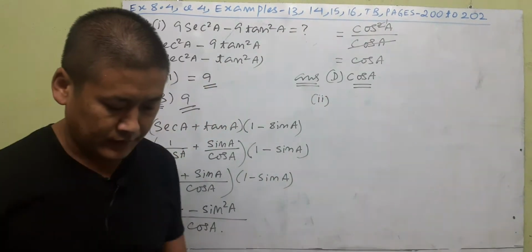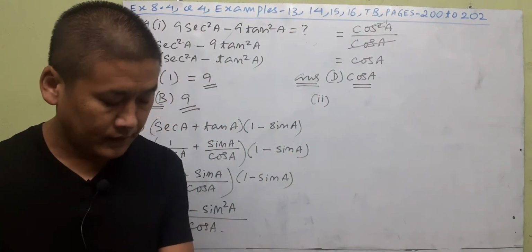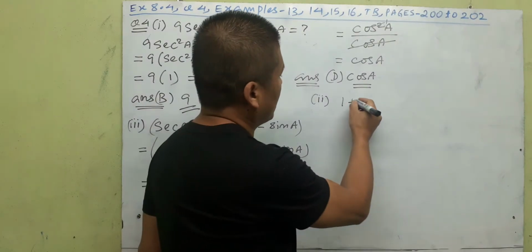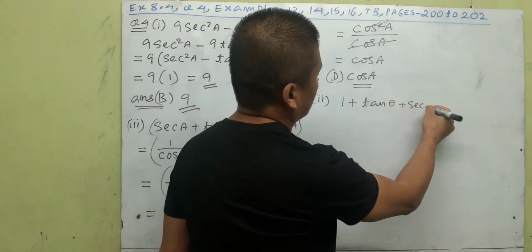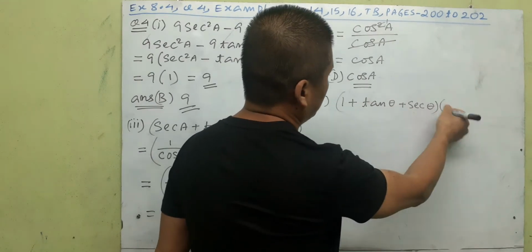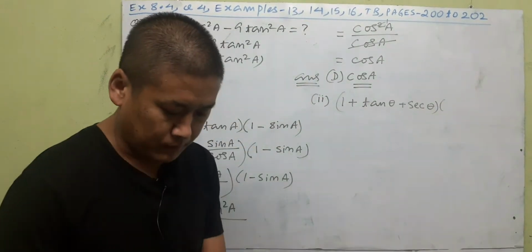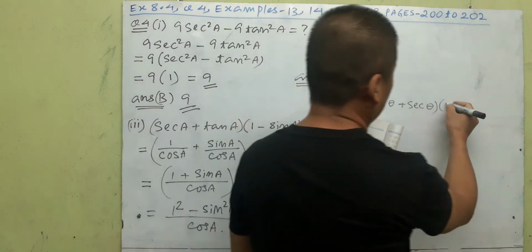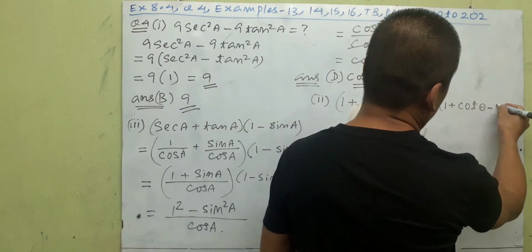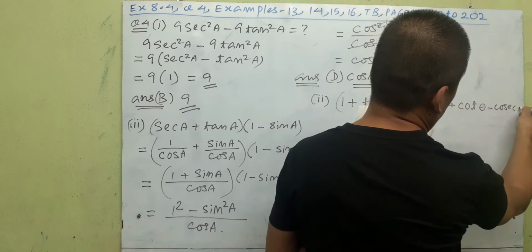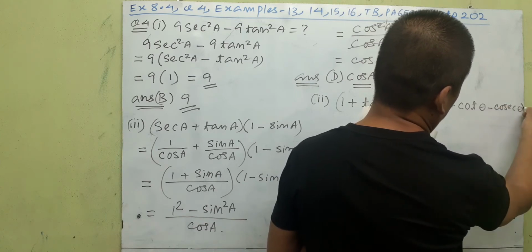Go back to 2, and it says (1 plus tan theta plus sec theta) into (1 plus cot theta minus cosec theta). Bracket is closed here.